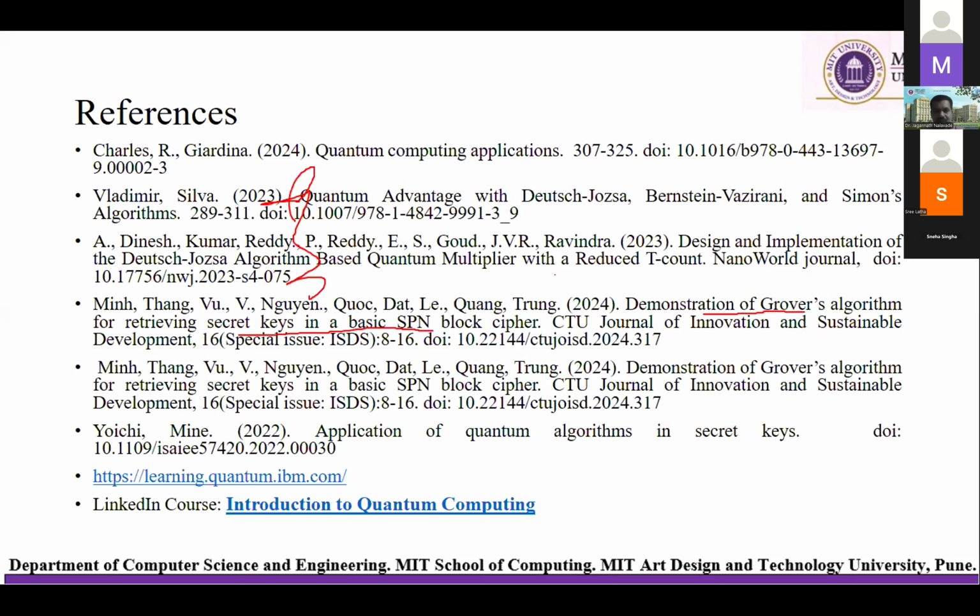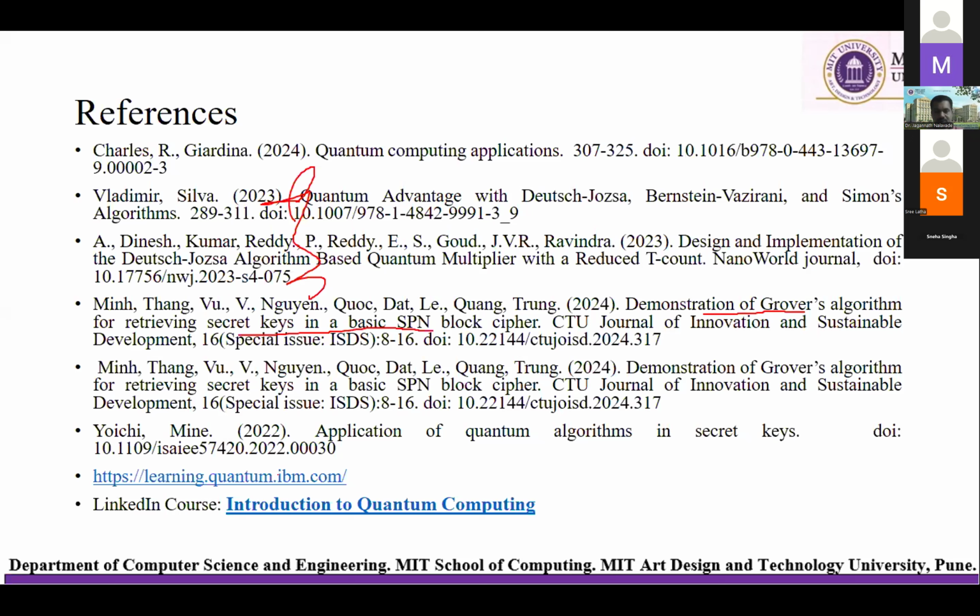Similarly, if you want to study deeper related to quantum computing, then visit this particular website, the IBM platform, learning.quantum.ibm.com.